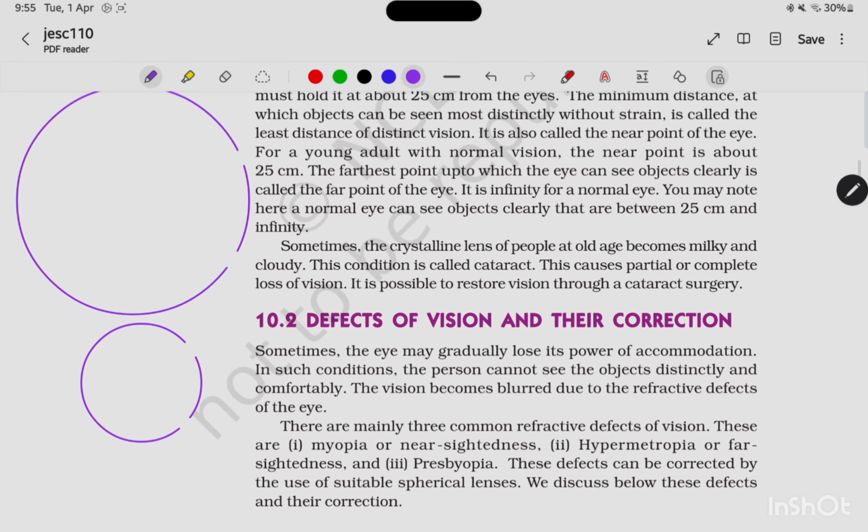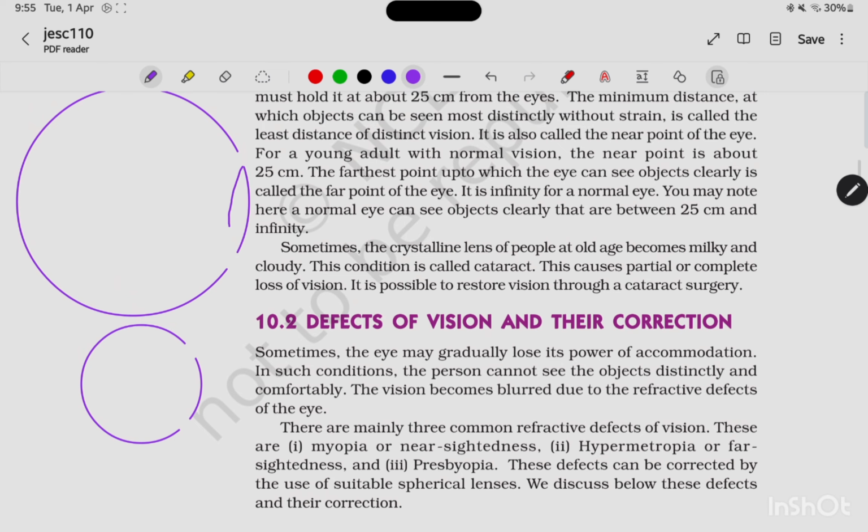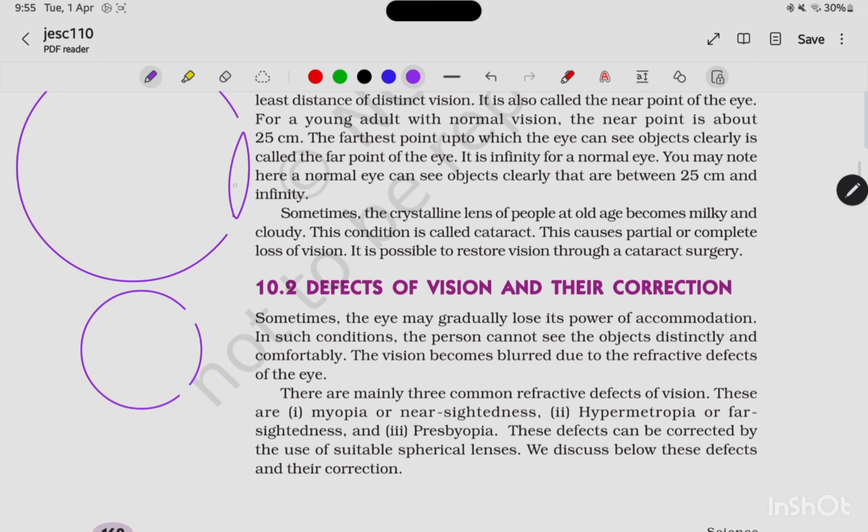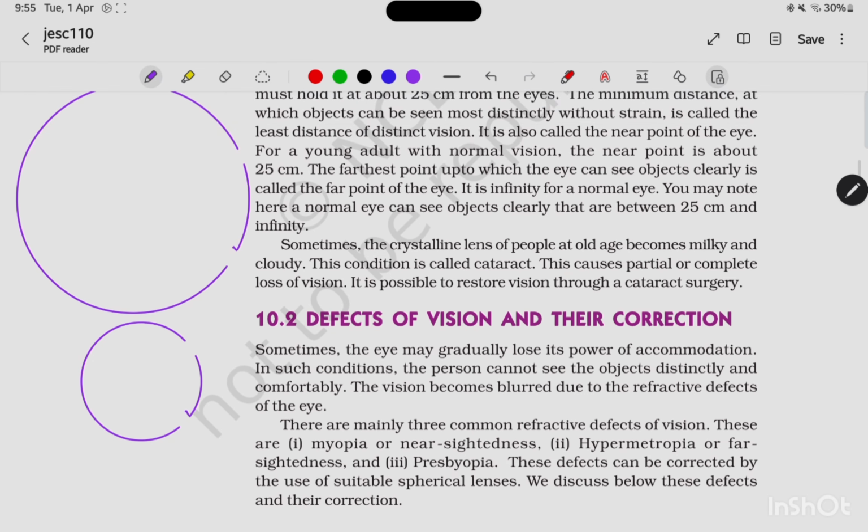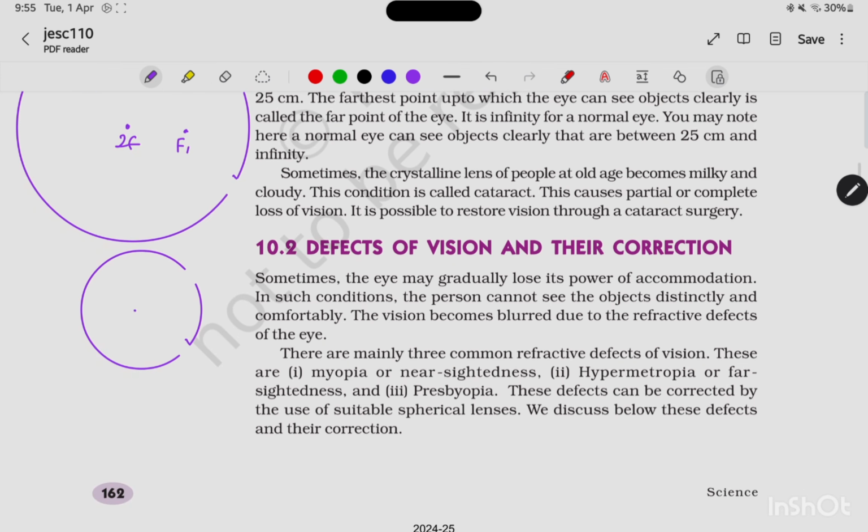Okay, and now also assume that there is another circle that makes this part of the lens. Now due to this, if you check, this is 2f1 and this is f1. This is 2f1 and this is f1.